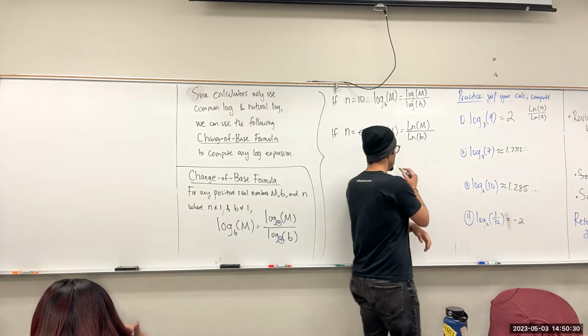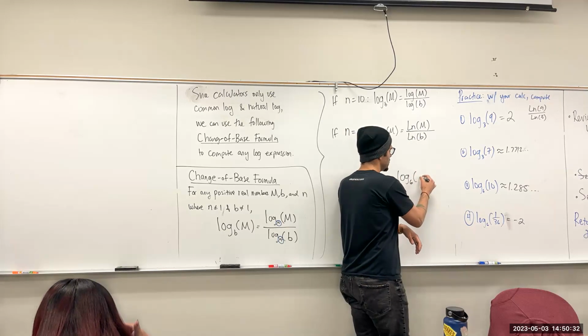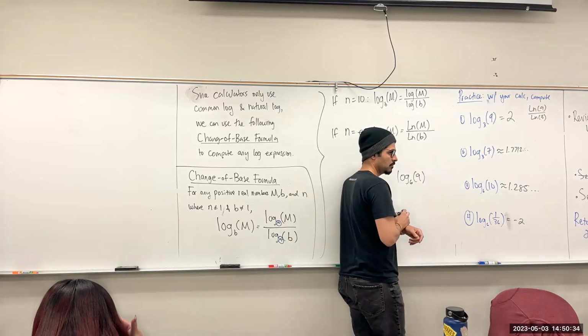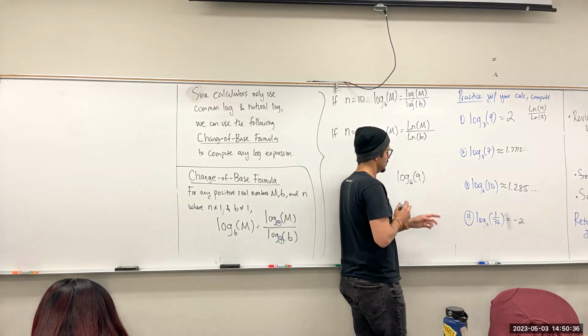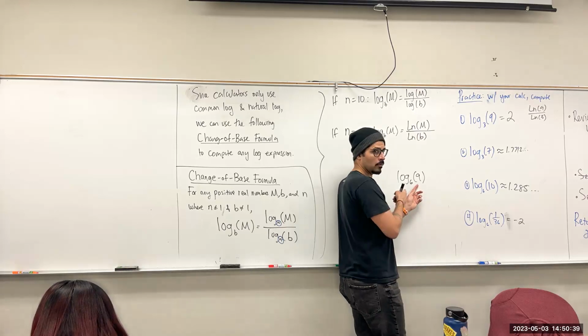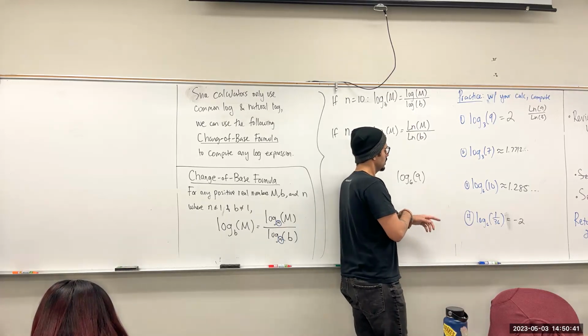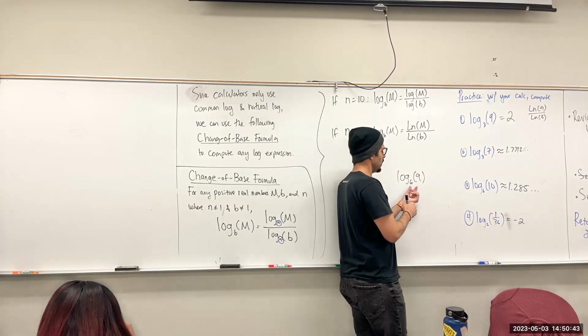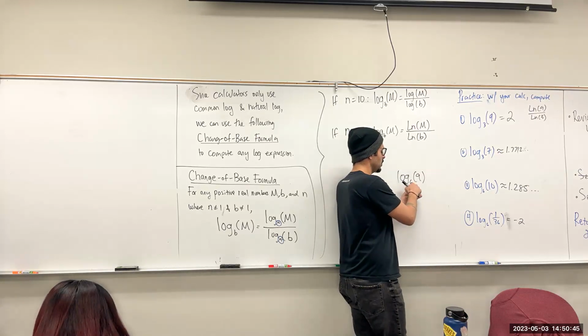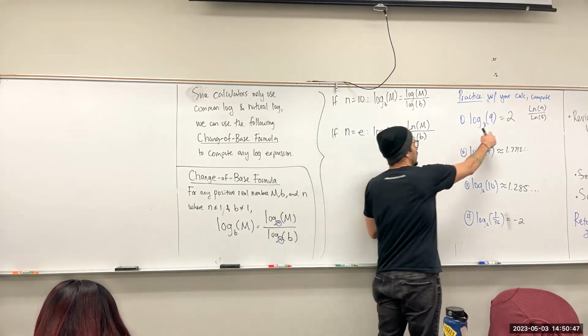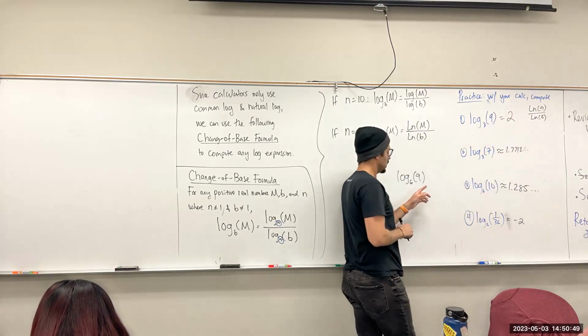Are you saying like if you looked at log base 6 of 9? Yeah, would that be similar? I think you're asking if you double the base, what happens to the values?